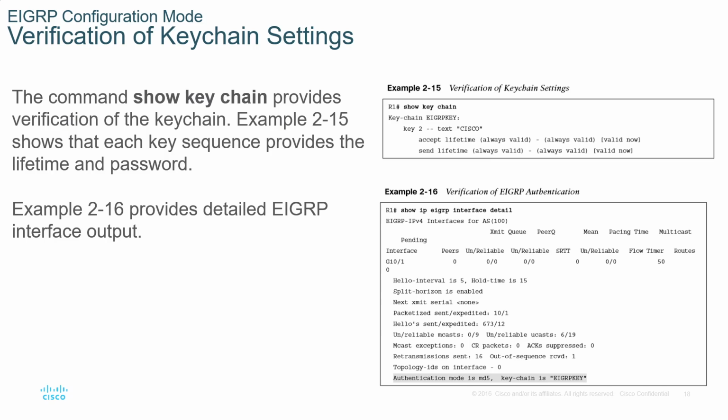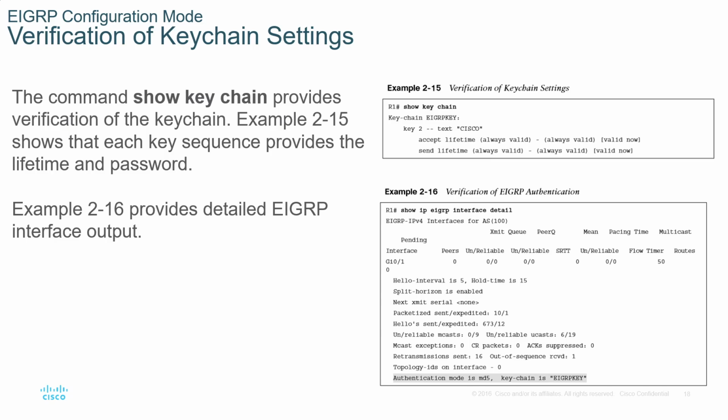How can you verify that the keychain is configured? By the show keychain command, and this will give you the names of each chain and what keys are configured under the chain, and then it'll tell you what the lifetime for each key is.